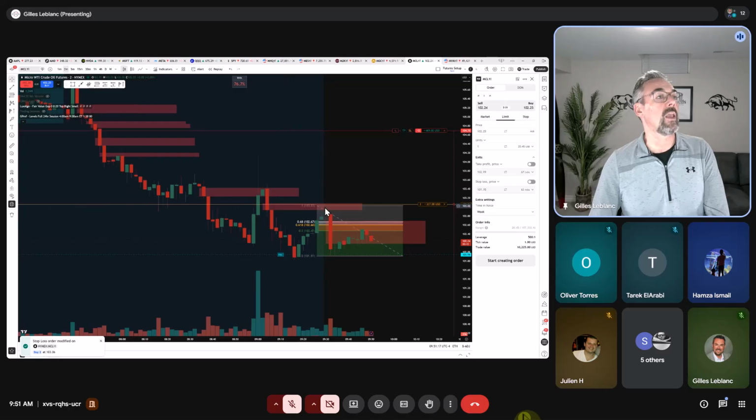If it starts wicking above here, then I would get out. If it does put in a 2-minute bearish candle and starts making new lows, I could add to the position.